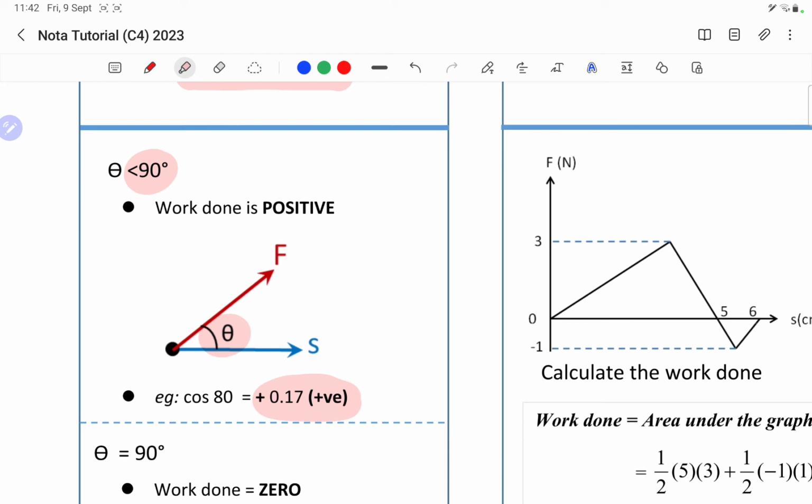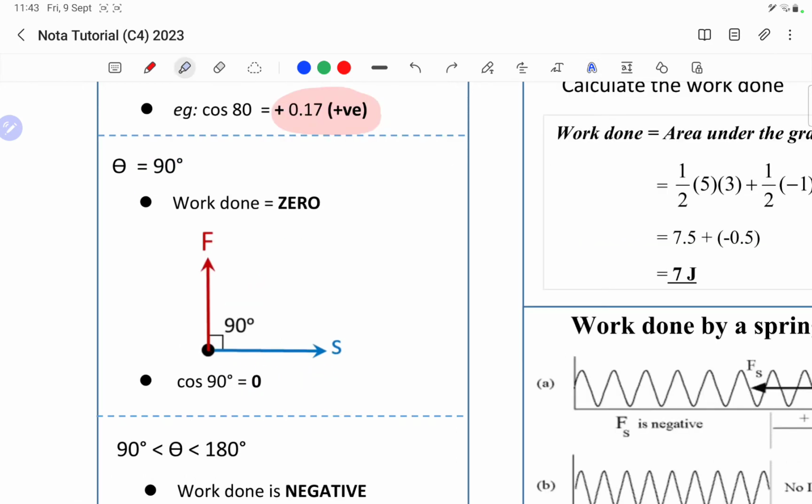That's why your work done is positive. If you notice, the direction of F and S is the same. Fx is going to the right, S also going to the right. So this is what we call positive work done. The force applied is helping the object to move in the direction of the displacement.